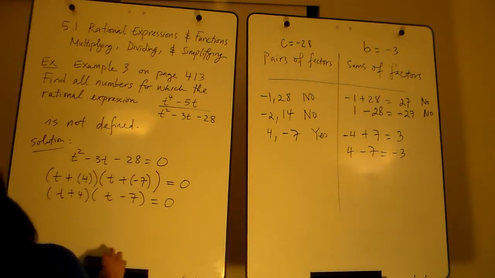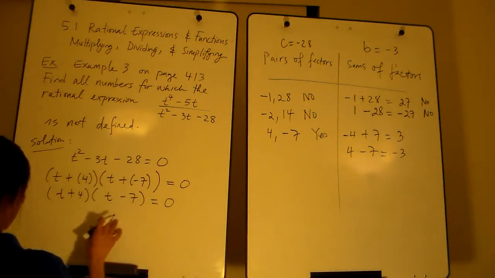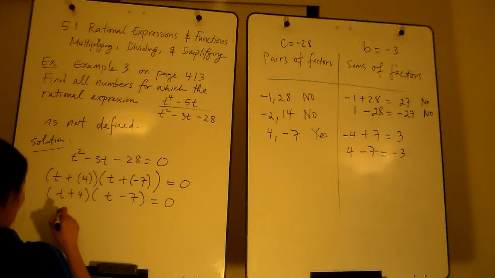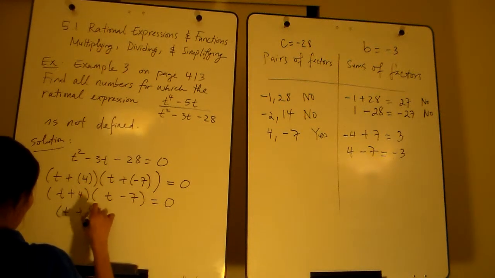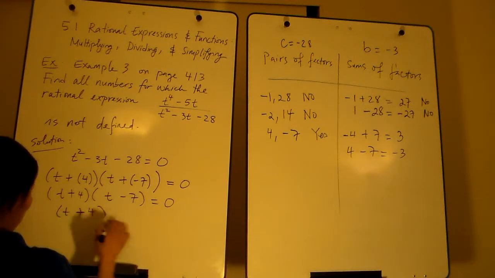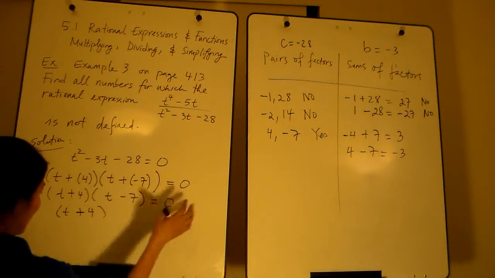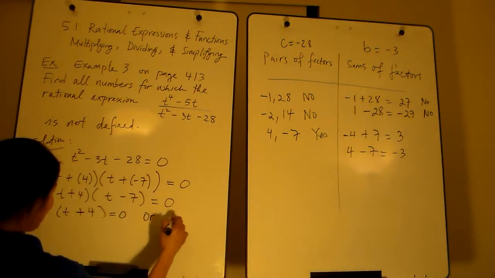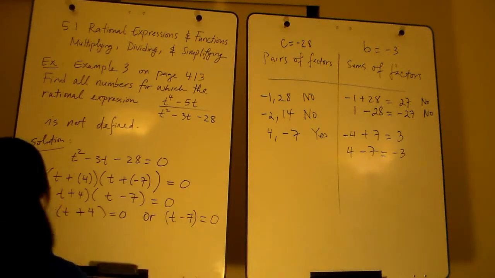When you solve for this, you would get t plus 4 equal to 0, which is only true when the right hand side is equal to 0, okay? Or t minus 7 equal to 0, okay?